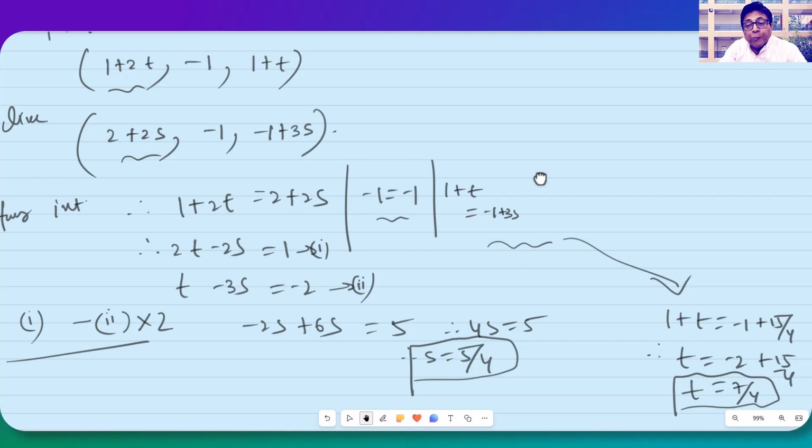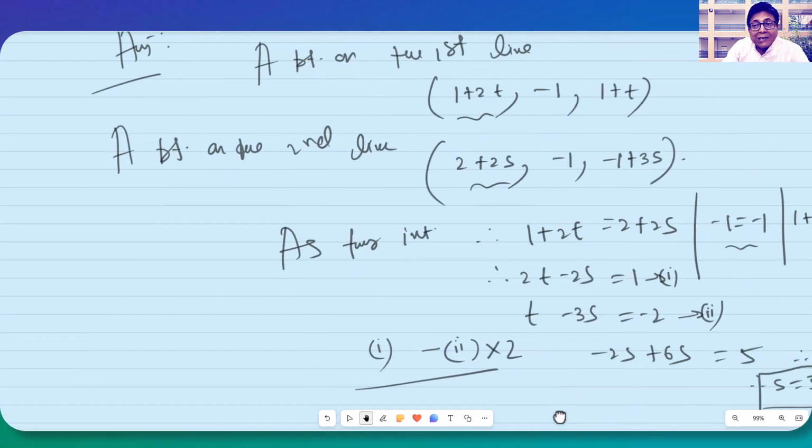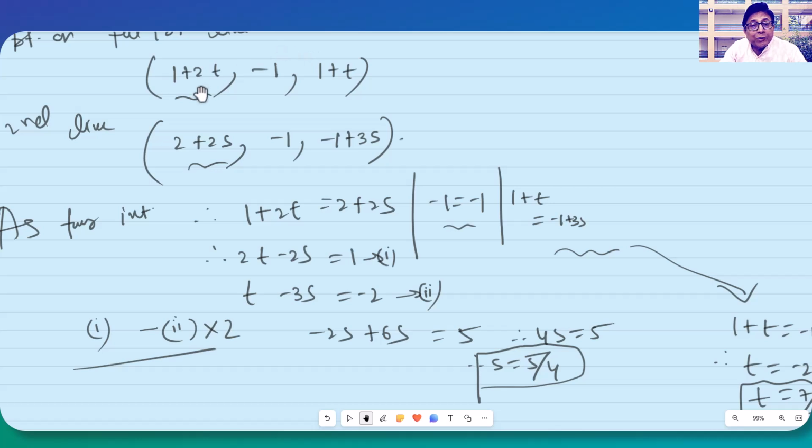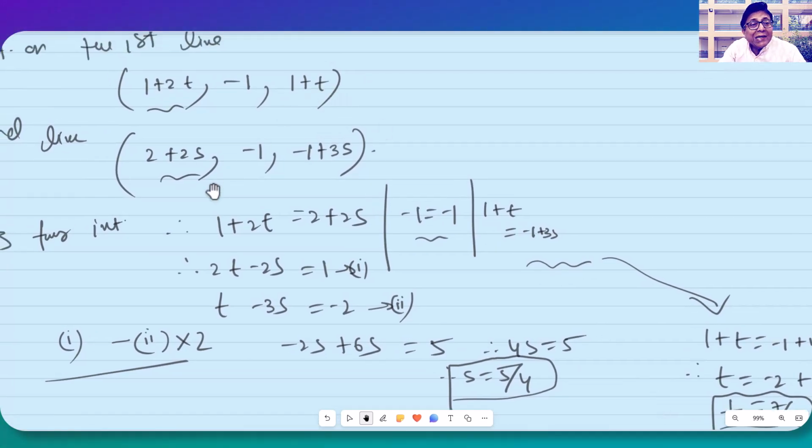And how to get the point of intersection? The required point of intersection of two lines we can get either by putting t here, that is 7 by 4, or s here, which is 5 by 4. So we put it there to get the point of intersection.